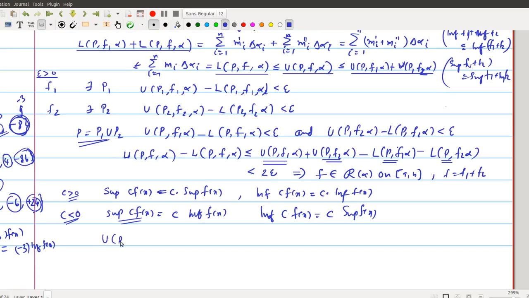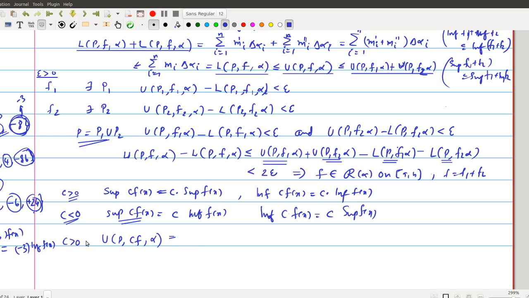For the integrable function cf, let us compare U(cf, alpha) minus L(cf, alpha).